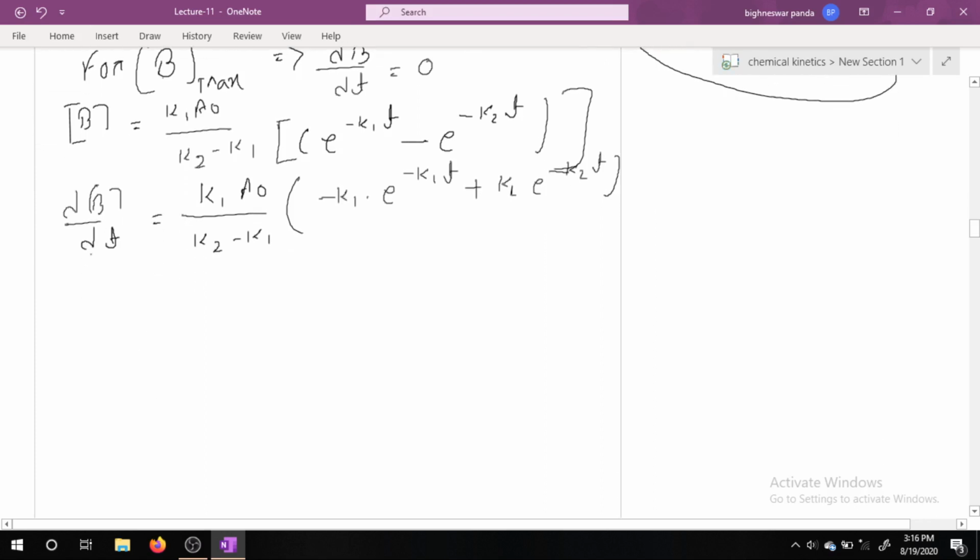So if dB by dt is equal to 0, I have terms equal to 0, right?